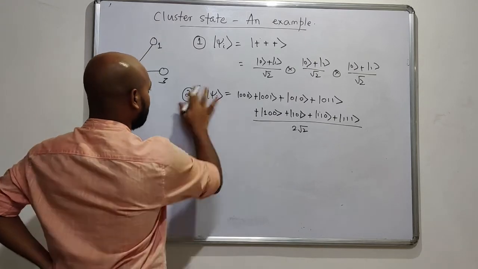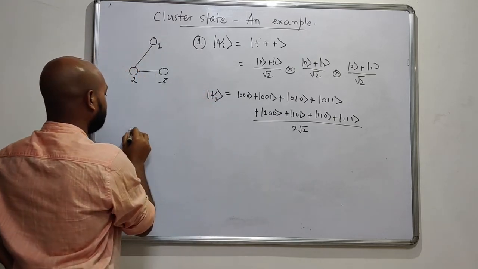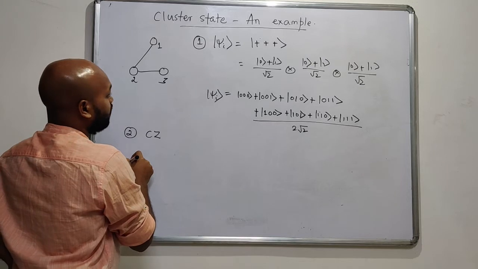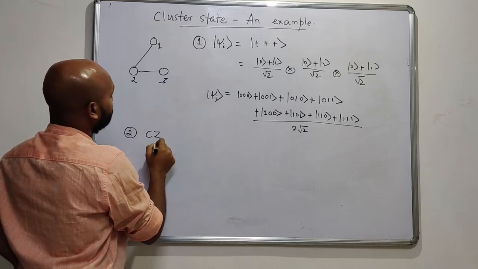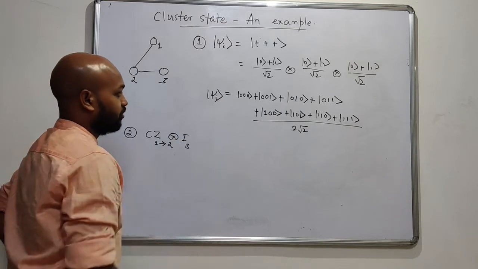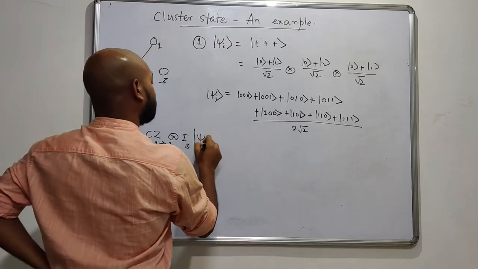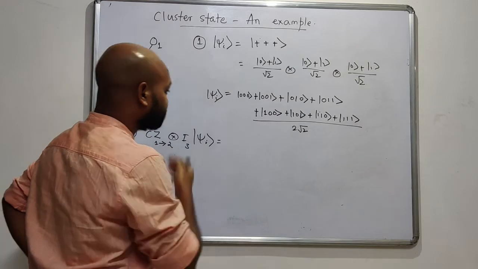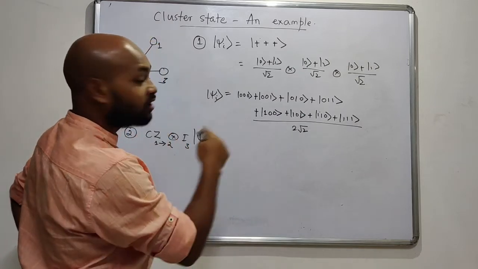Now in the next step, I operate CZ from the first qubit to the second qubit and do nothing on the third qubit. So when this operates on psi I, I get a transformed state.